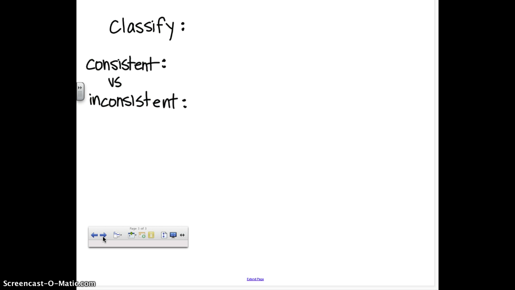Consistent or inconsistent. And then we also can say independent versus dependent.